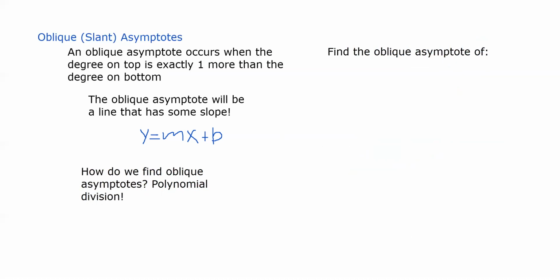Let's find the oblique asymptote of this right schmear. -3x² plus 2 will be our top polynomial. And on bottom, we're going to have x minus 1.